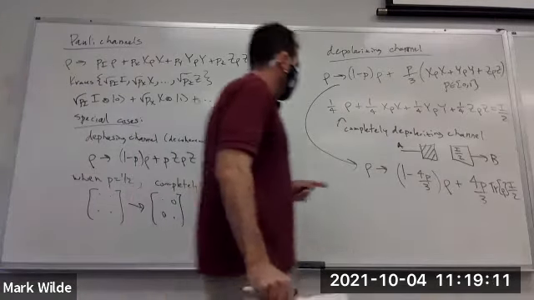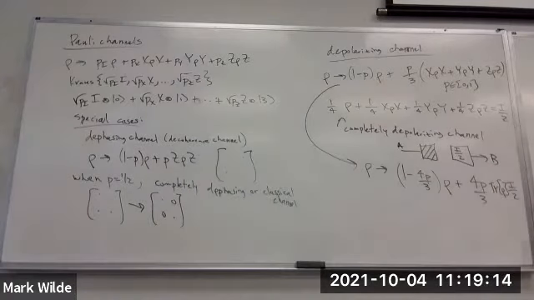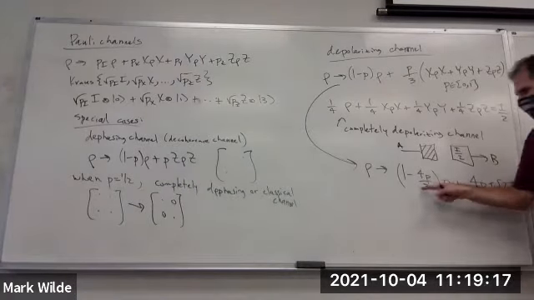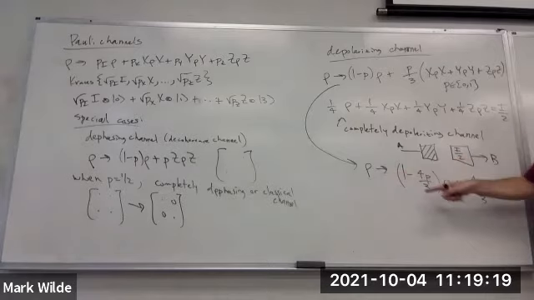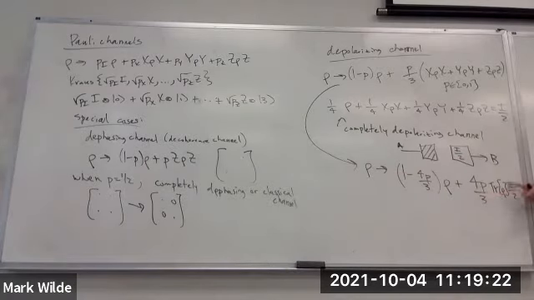But we can have an interpretation of it that with this probability, the state gets through, and with this other probability, the state gets trashed and replaced with the maximally mixed state. However, that interpretation only holds if 4p over 3 is less than 1, in terms of a probability. You can prove that for any p between 0 and 1, this is completely positive and trace preserving. So it's a legitimate quantum channel. It just lacks the interpretation in terms of the qubit getting through or being replaced with the maximally mixed state.